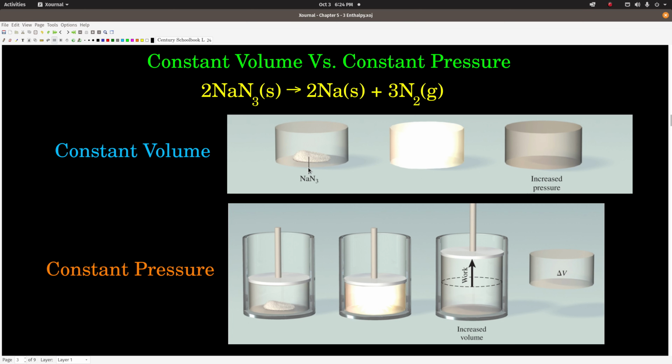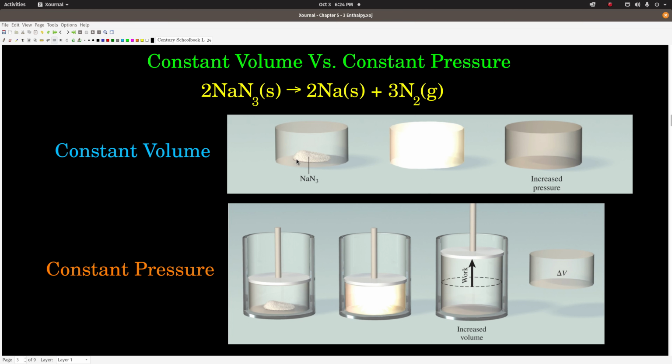When sodium azide is decomposed, it starts out as a solid, becomes a gas. If we perform that chemical reaction at constant volume, we put it in a container whose volume cannot change, then as that reaction happens and after it has happened, the pressure inside of that container will have increased because now there's more gas pushing out inside of the container. That's why the airbag inflates.